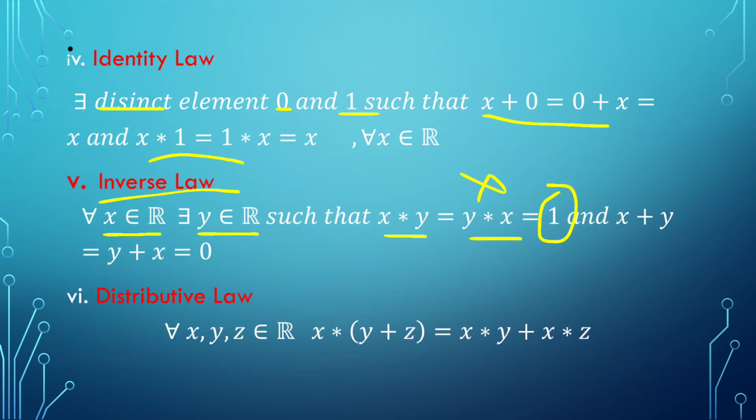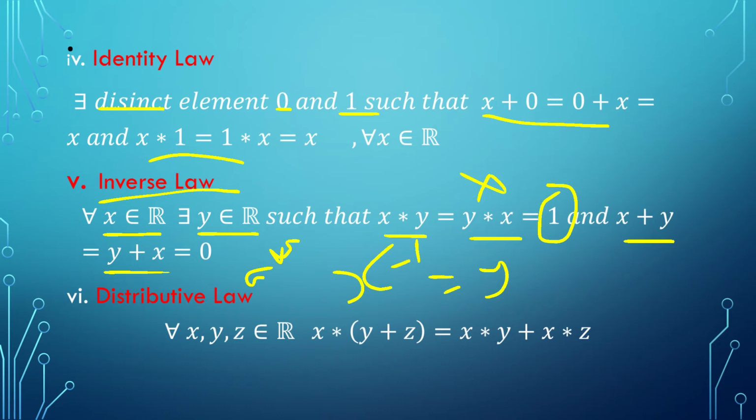And then we have x plus y being equal to y plus x, which gives 0, for addition. So in this case, x is the inverse of y. So it doesn't matter the arrangements.